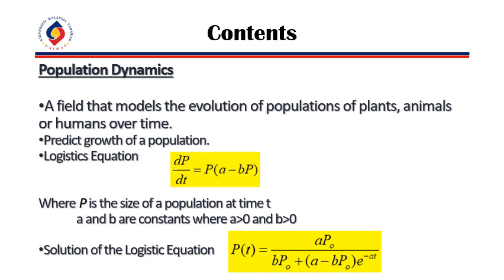If P(t) is a differentiable function, then the first derivative dP/dt represents the rate of change of the population over time. In exponential growth and decay, which we learned in the previous lesson, we studied the exponential growth and decay of populations and radioactive substances.